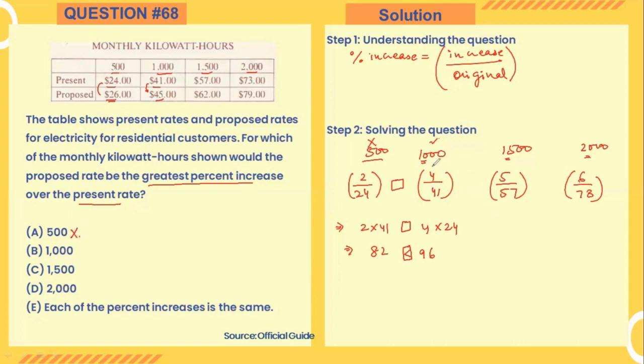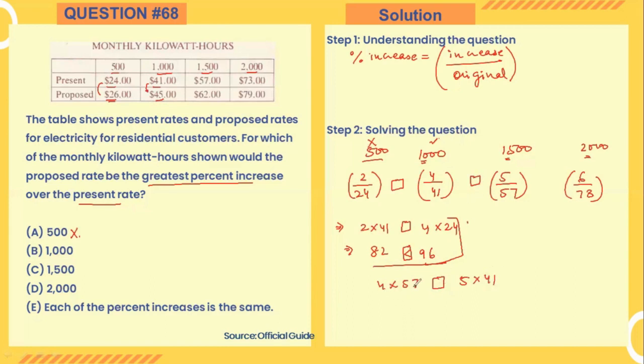Now let's compare 1000 with 1500 data, right? Same way, let's calculate it. So 4 times 57 is to be compared with 5 times 41. Just cross multiplying, it will not change the inequality.